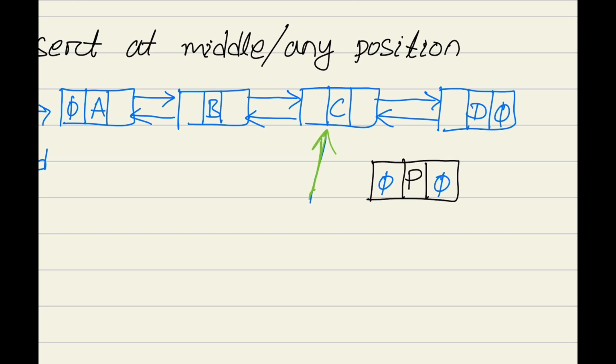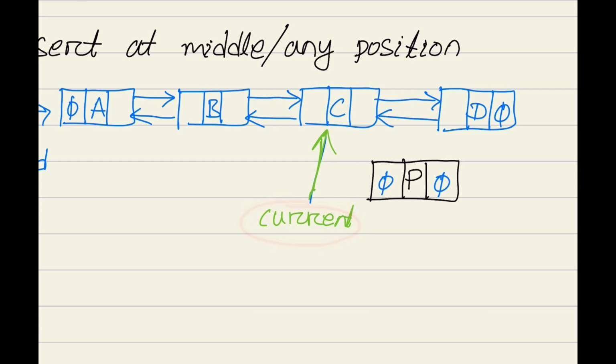So we can take a reference variable and start from head or start from the first node and reach the node just before the position where we want to insert the new node. Now update the next of the newest node so that it is going to refer to D. That means update the next of P and it is going to refer to current dot next.